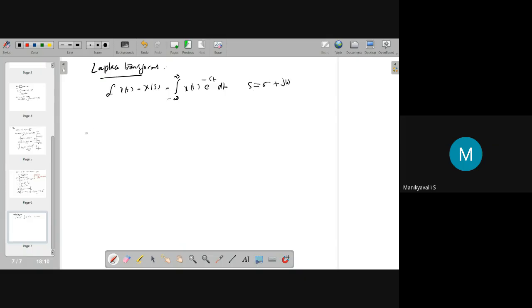This is called the complex frequency domain, where the x-axis is the real part, sigma, and the y-axis is the imaginary part. This is called the S-plane. In future, we use this kind of representation.